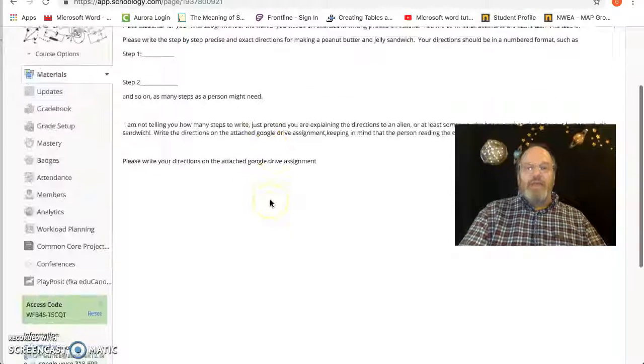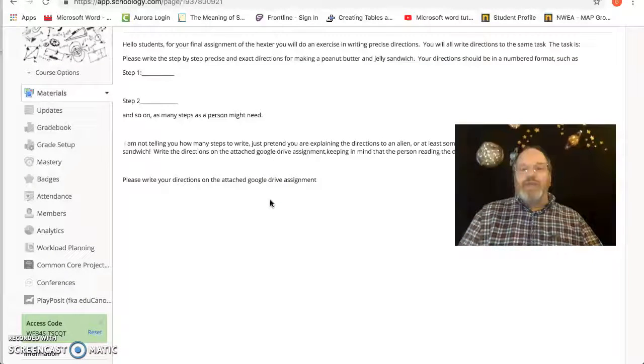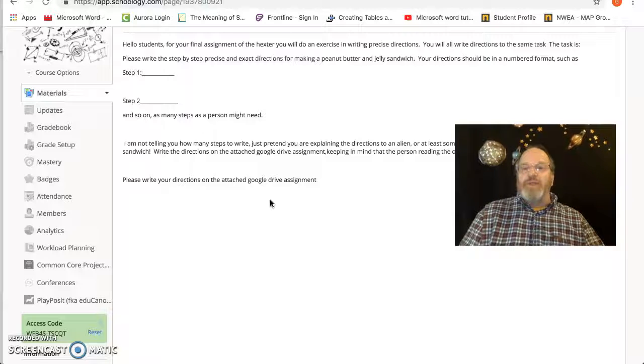And it says, hello students, for your final assignment of the Hexter, you will do an exercise in writing precise directions. You will all write directions to the same task, and the task is, please write step-by-step directions for making a peanut butter and jelly sandwich. Your direction should be in a numbered format such as right here, okay?